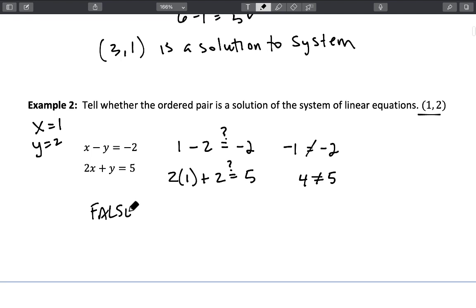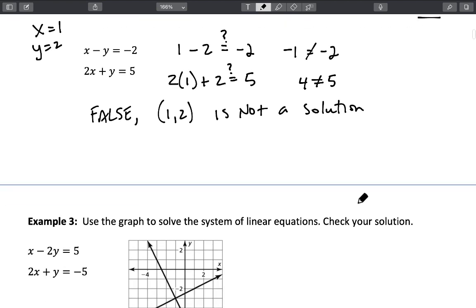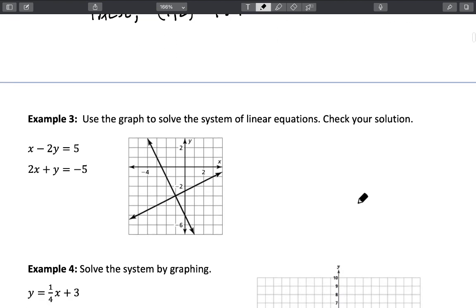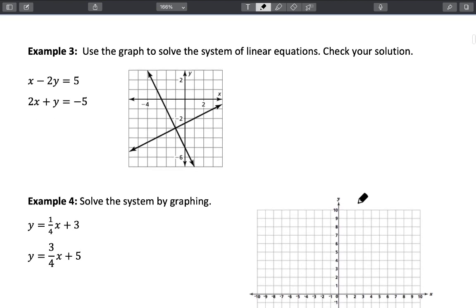And when we get false statements like that, you only need one false statement, you don't need two, we know that the ordered pair (1, 2) is not a solution to that system.